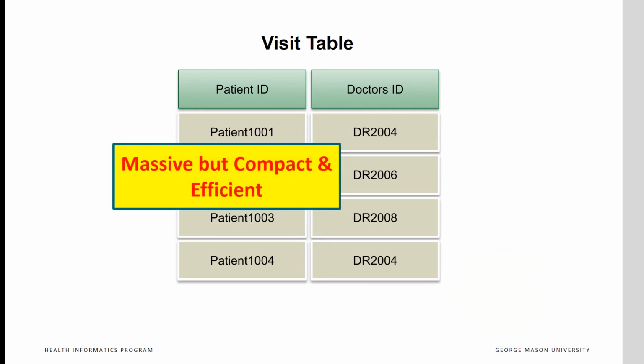Yet none of the information on patient or doctor tables are duplicated in the visit table, so the table is compact and efficient. This makes a world of difference in data analysis. Patient and doctor tables remain small even though the visit table may be massive.